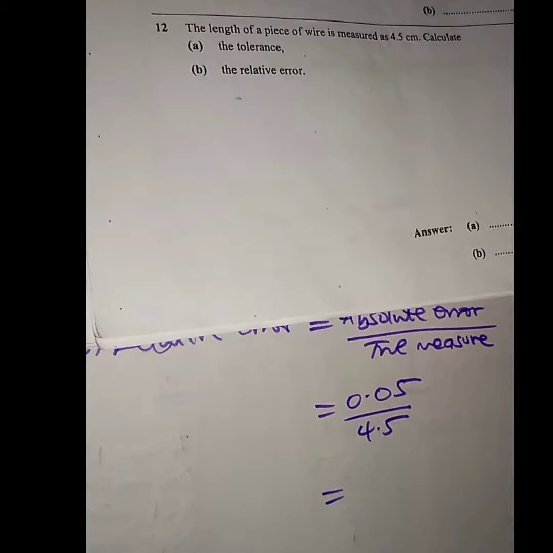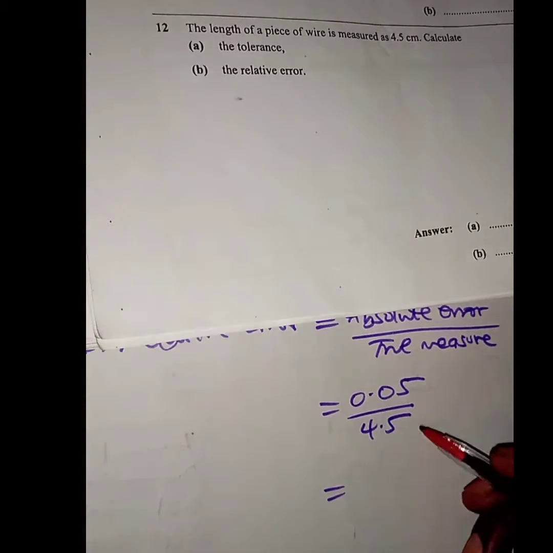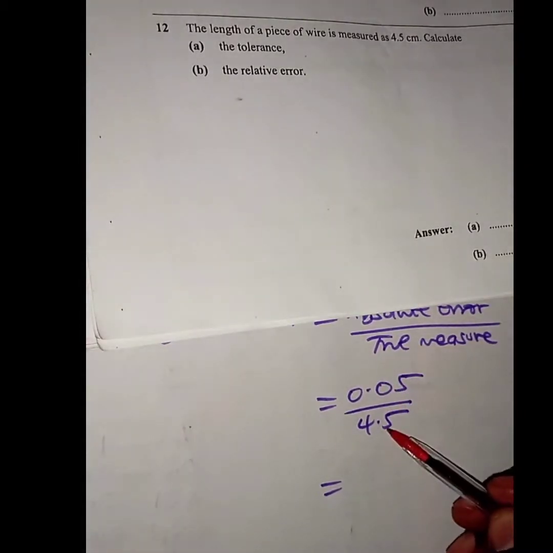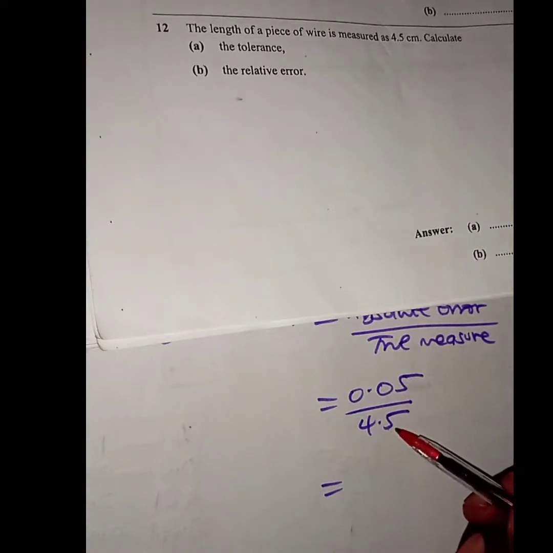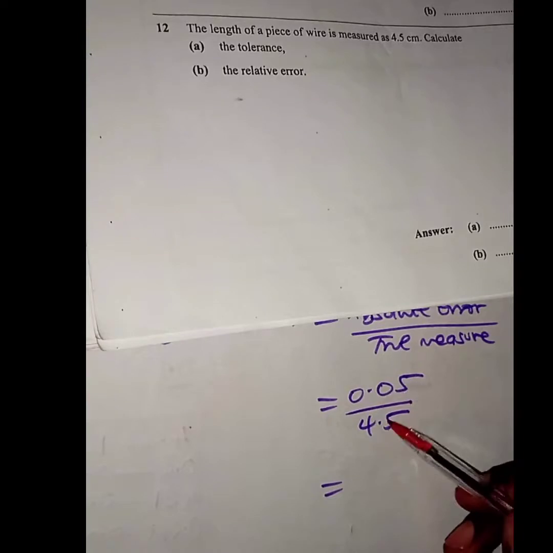What you have to do to divide these decimal numbers, you need to find a way of removing these decimal places, right? This decimal point must disappear. So what should you do? Check the decimal places on the numerator and the denominator. The one with the highest number of decimal places is the one on top.